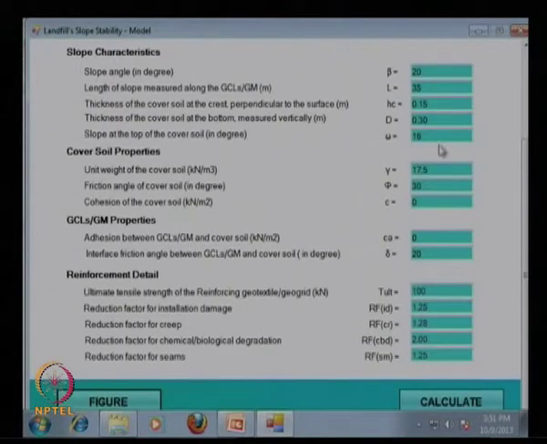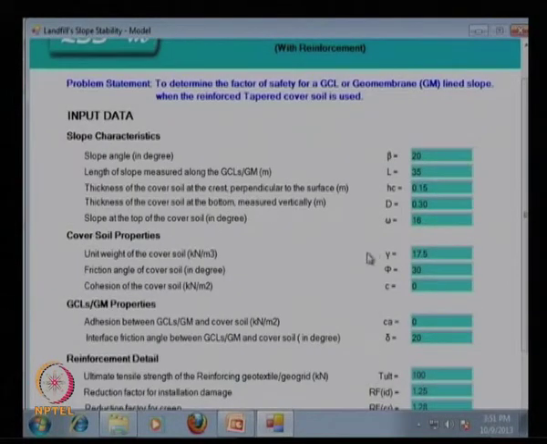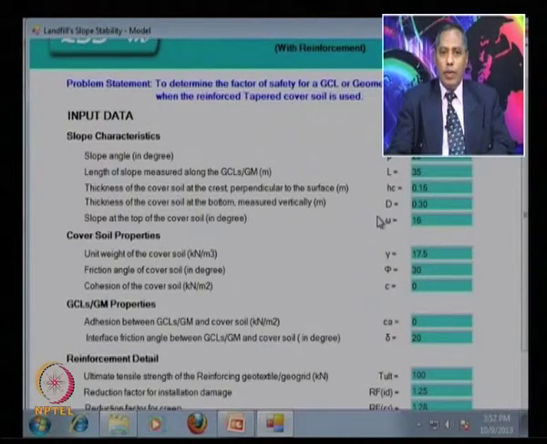Okay. So, then you include the slope characteristics, that is beta is equal to 20 degrees, L, the length of the slope, is 35 meters, and the thickness of the cover soil HC is 0.15, and the thickness of the cover soil at the bottom measured vertically, D, is equal to 0.30, and the slope at the top of the cover soil, that is small w, is equal to 16 degrees. The cover soil property gamma is 17.5, phi is 30 degrees and C is equal to 0.